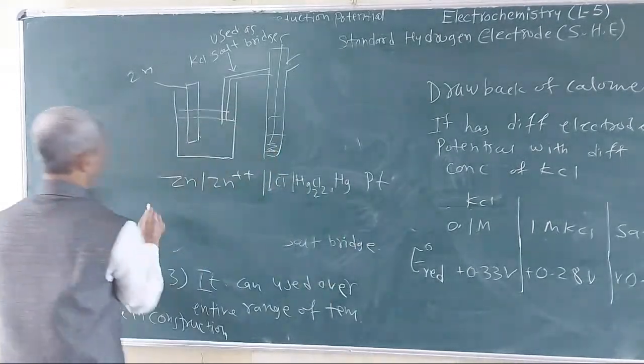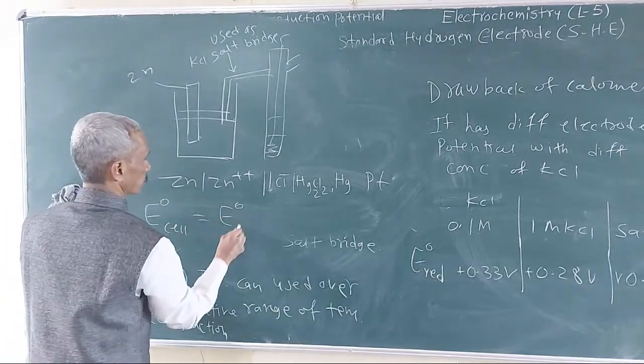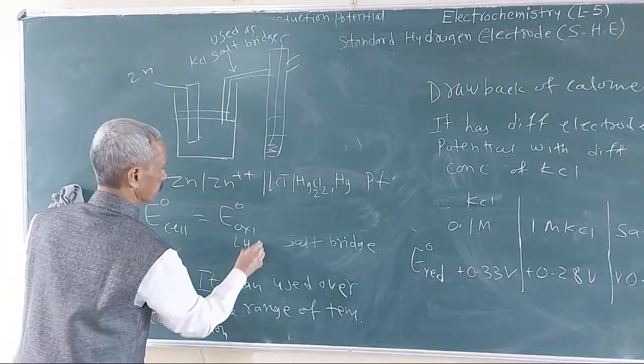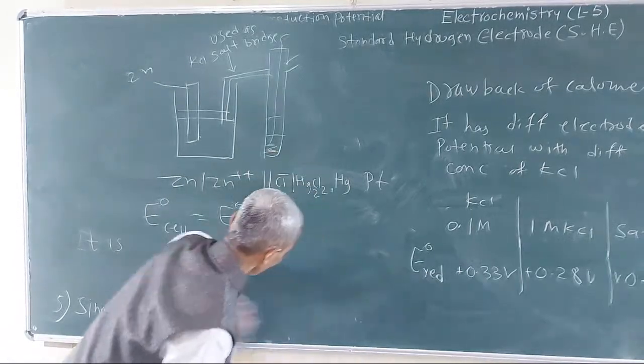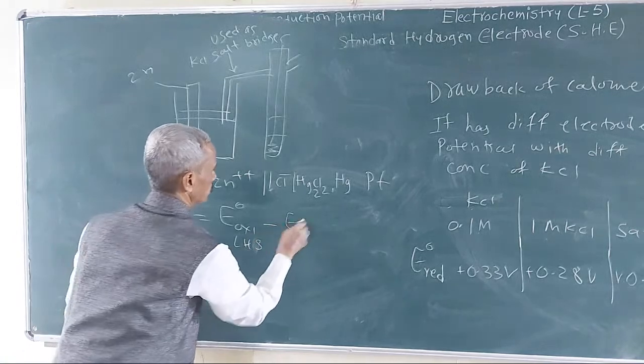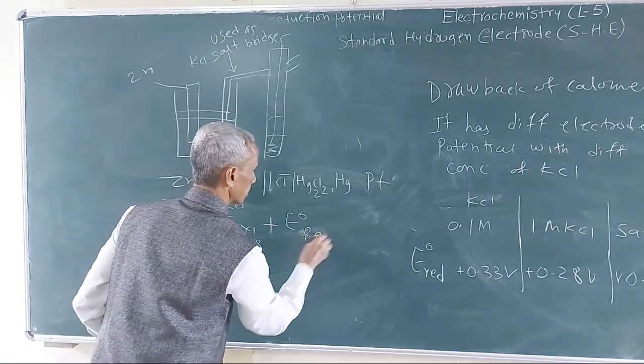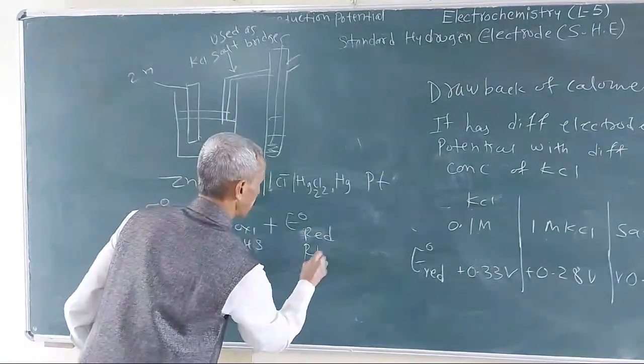In this case, E0 cell is equal to E0 oxidation of the left hand side plus E0 reduction of the right hand side.